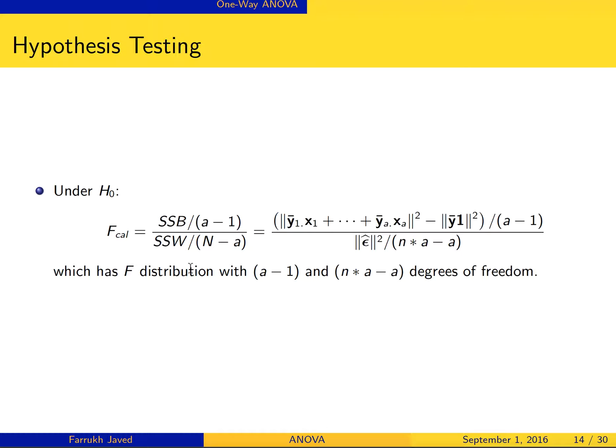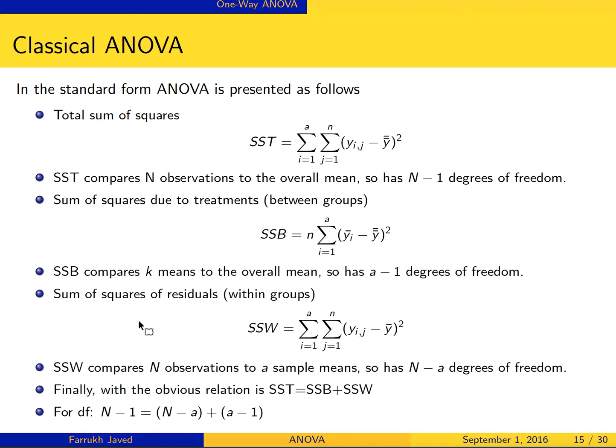You don't need to remember those formulas, you just need to know the concept. We will compare our F calculated value with the tabulated value, or compare the P value with our alpha, to decide whether we reject our null hypothesis or not.